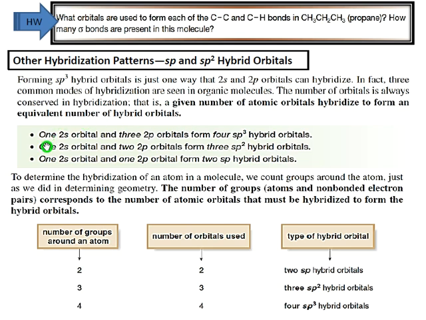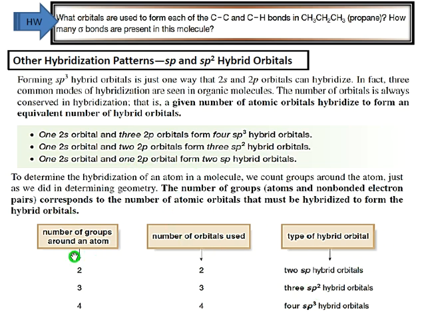That means 1 2s orbital and 3 2p orbitals form sp3 hybrid orbitals, 1 2s orbital and 2 2p orbitals form sp2 hybrid orbitals, and 1 2s orbital and 1 2p orbital form 2 sp hybrid orbitals.